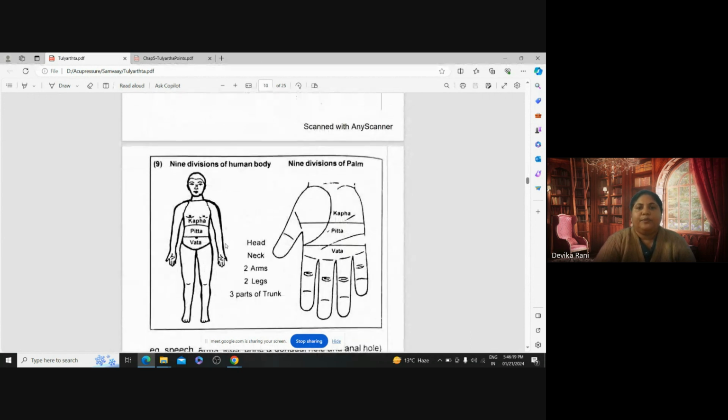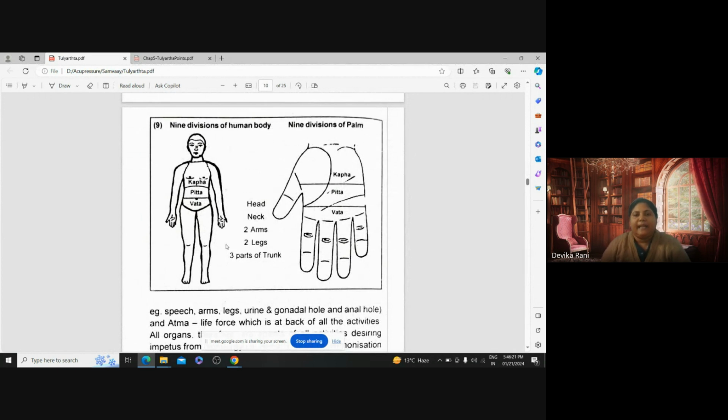Now, as you go further, in Ayurveda, you will learn principles of Vata, Pitta, Kapha and how to apply them. As of now, you just understand that in the human body, Vata, Pitta, Kapha has been identified as being over these regions as shown over here.